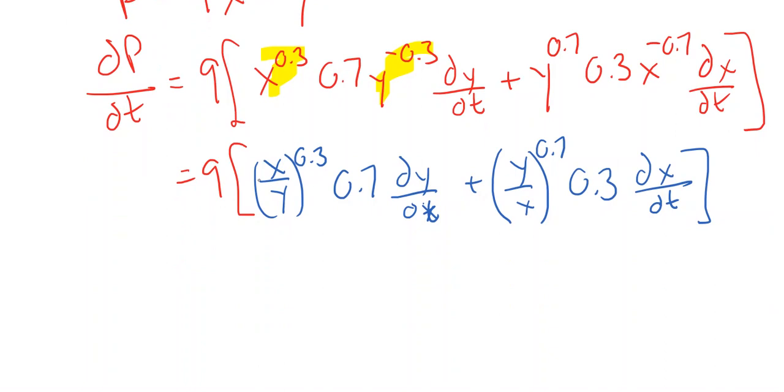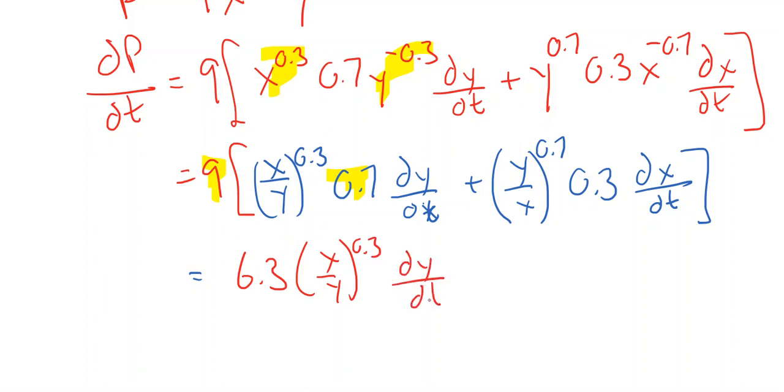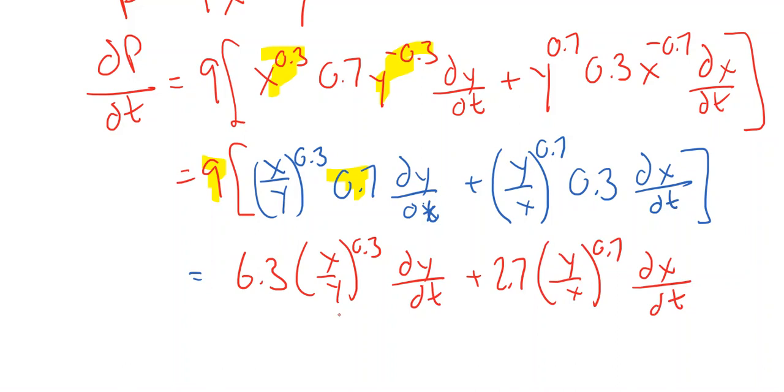The 0.7 times 9 is 6.3, so this is 6.3 times (x over y) to the 0.3 times dy/dt. And 0.3 times 9 is 2.7, times (y over x) to the 0.7 times dx/dt. All of this is equal to dP/dt. So there's our big old derivative.